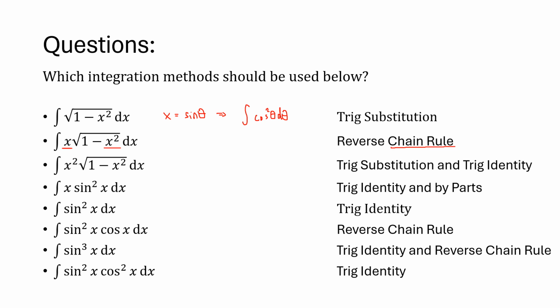For the next question, we could again apply the substitution x equals sine theta, and you will see that this integral will simplify to sine squared theta cos squared theta. Notice that this question is exactly identical to the last question, so we'll see how to solve that later.